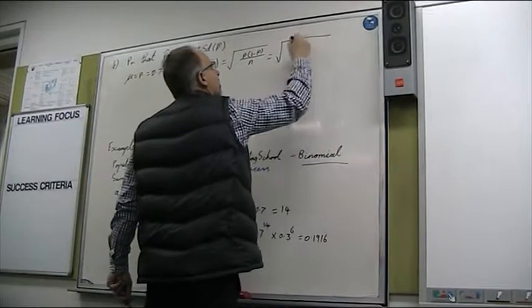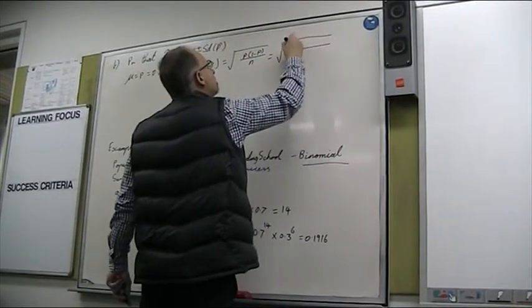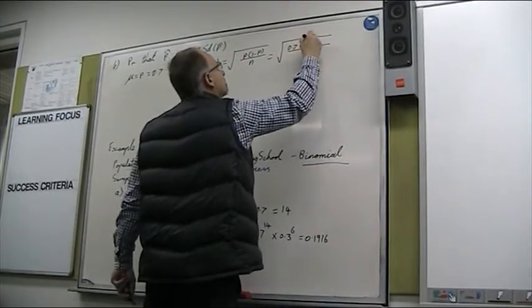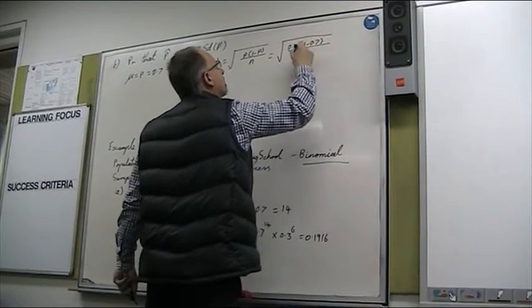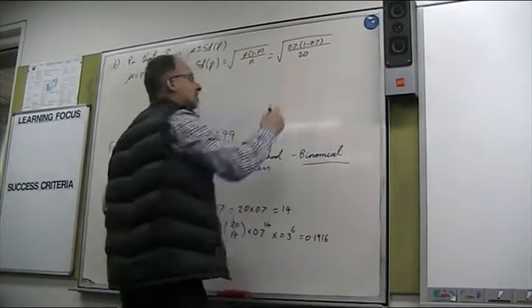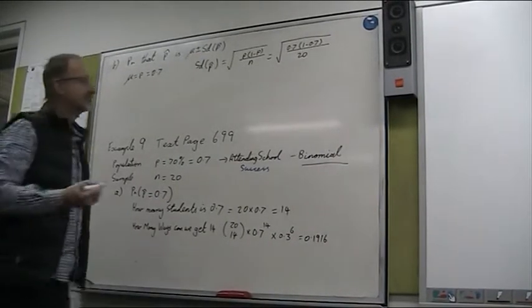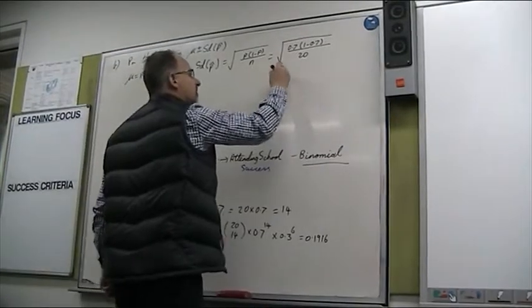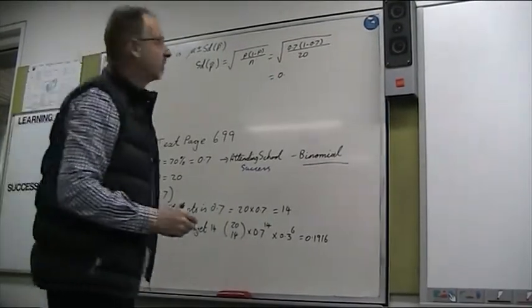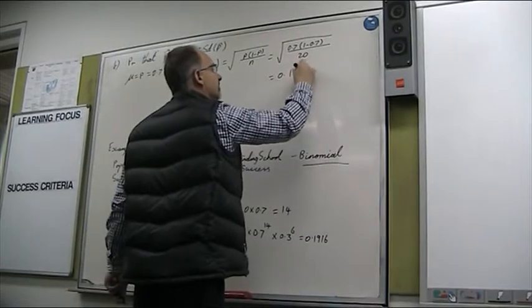So it's the square root of 0.7 times 1 minus 0.7, over 20. And because I've prepared one earlier, you get 0.1025.